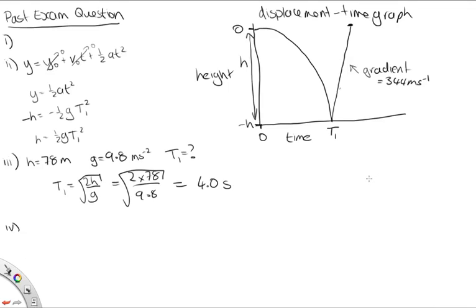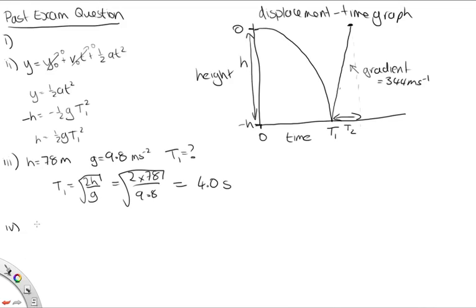Calculate t2, the time taken for the sound to travel from the bottom of the well to reach the scientist at the top. Okay, so if this is t1, this time from here to here is t2. Show t2 on your graph. So we've shown t2 on the graph. Now we need to calculate it. We've got the height of the well, and it's traveling at a constant velocity.